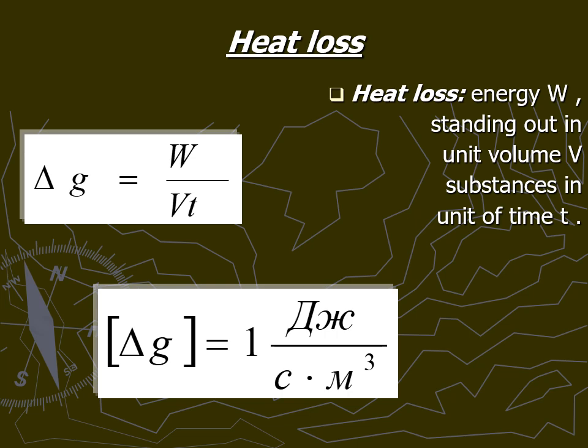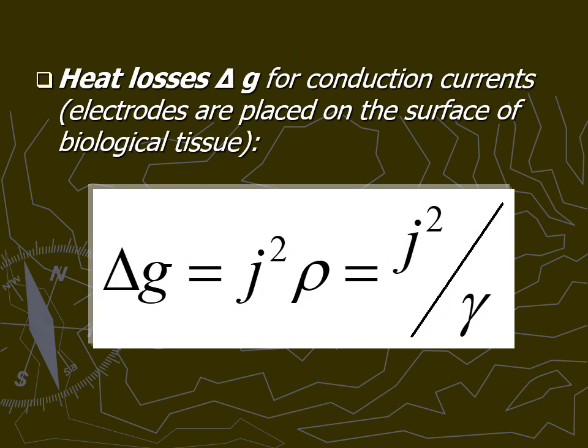Depending on which tissues we have heat release in with the help of an electric field, an electric current, we use some other formula to assess heat losses. So, if we are talking about heat losses in the case of a conduction current, that is, if we have electrodes placed directly on the surface of biological tissue, then the heat losses are defined as the current density squared multiplied by the resistivity, or the current density squared divided by the electrical conductivity.